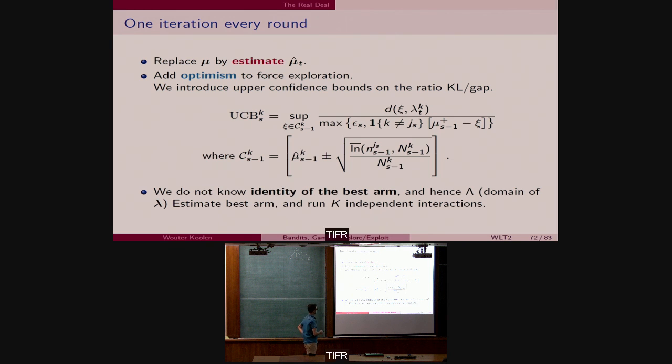And then there is a last problem, and that is that we actually do not know which arm is the best one. So initially we might get even the wrong picture about that. But the domain of lambda uses it. So that we solve by actually running one copy of the whole process for every guess of what the best arm could be.